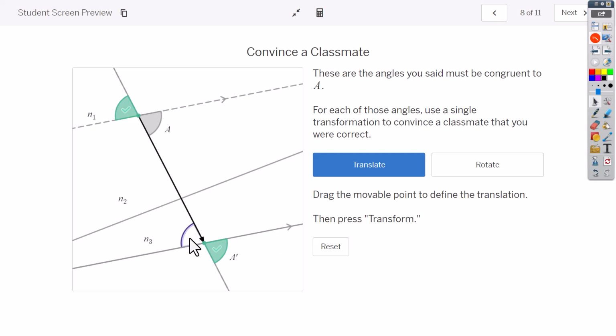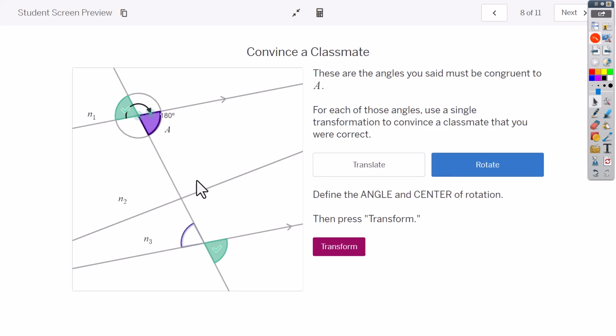This is a little bit trickier, but it's another rotation. So let me reset this. And back to angle A. I'm going to rotate, but my center of rotation is going to be halfway between these last two angles. So I'm going to bring my center of rotation right about there. That looks about halfway between the vertex of A and the vertex of my last congruent angle.